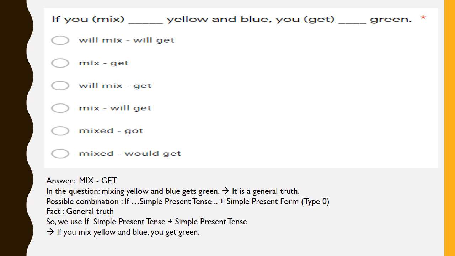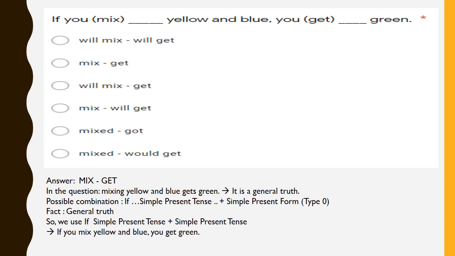Question: If you mix yellow and blue, you get green. Answer: Mix, get. In the question, mixing yellow and blue gets green. It is a general truth.